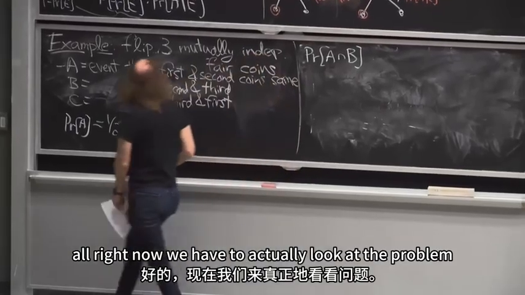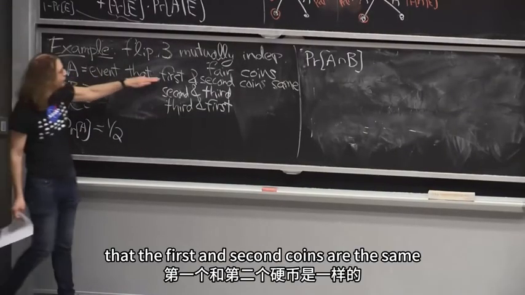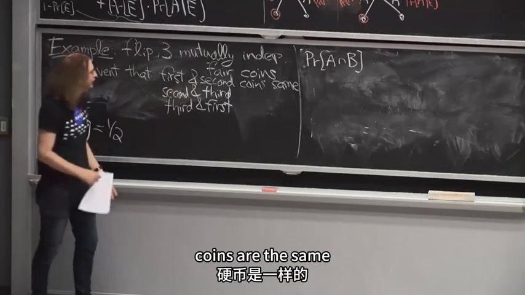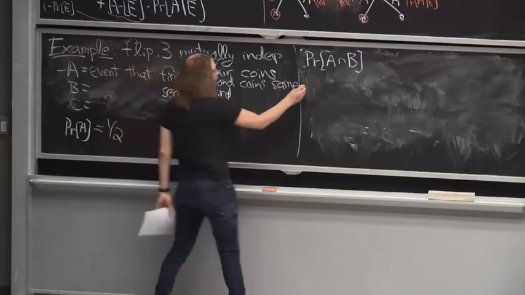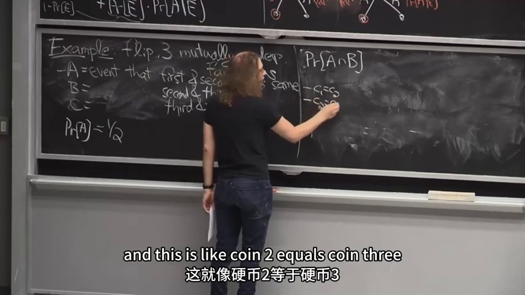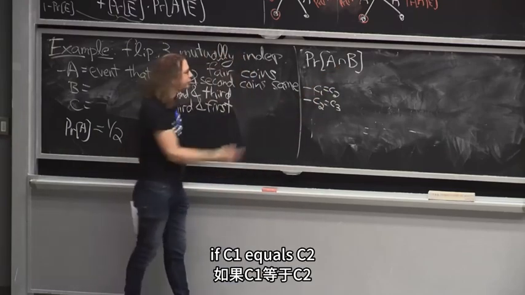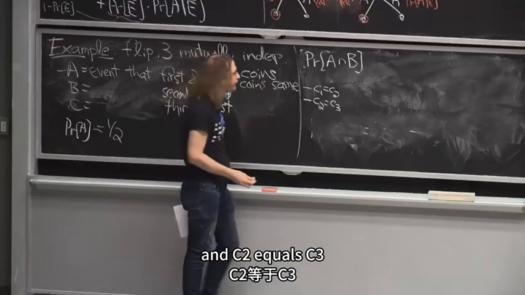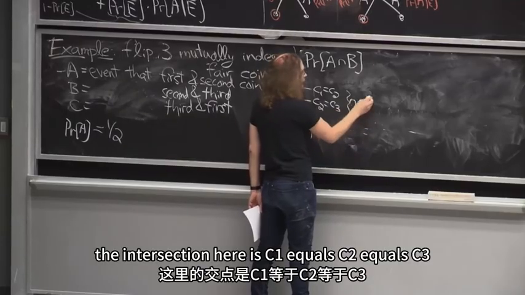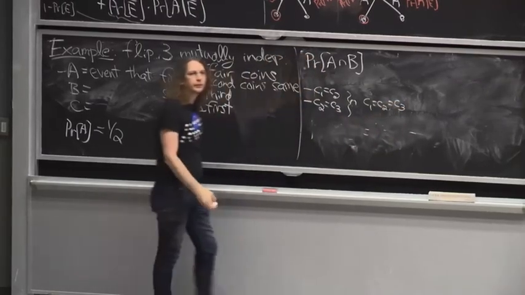All right, now we have to actually look at the problem. A is the event that the first and second coins are the same. B is the event that the second and third coins are the same. So this is like coin 1 equals coin 2, and this is like coin 2 equals coin 3. If both of those things happen, the intersection here is C1 equals C2 equals C3.